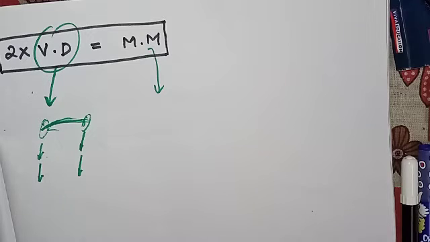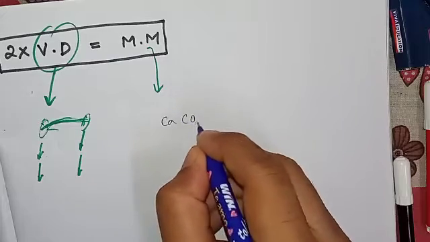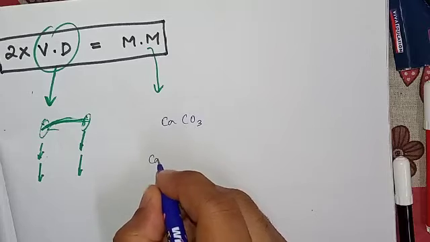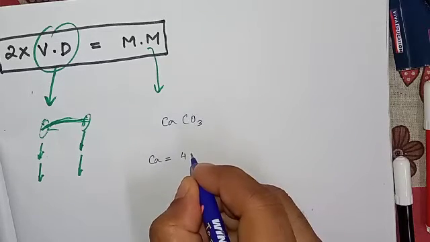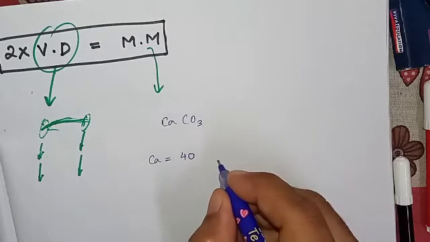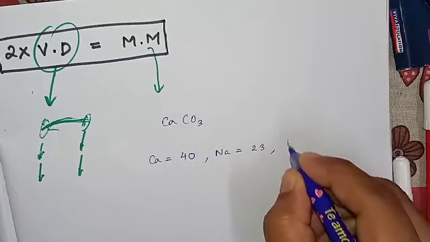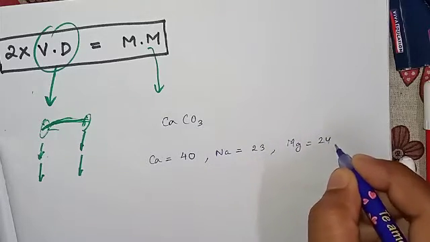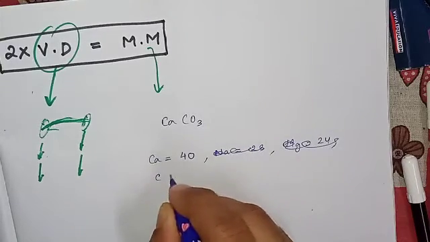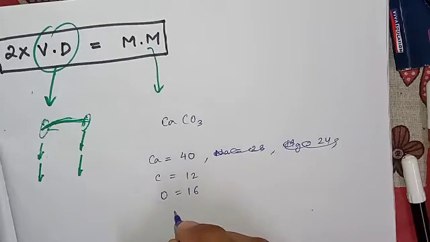So suppose let us take an example. Let us take an example that we have to calculate the mass of calcium carbonate, CaCO3, and they have provided the data: the atomic mass of calcium is 40, the atomic mass of sodium is 23, the atomic mass of magnesium is 24, and the atomic mass, we don't need sodium, the atomic mass of carbon is 12, the atomic mass of oxygen is 16, and so on.